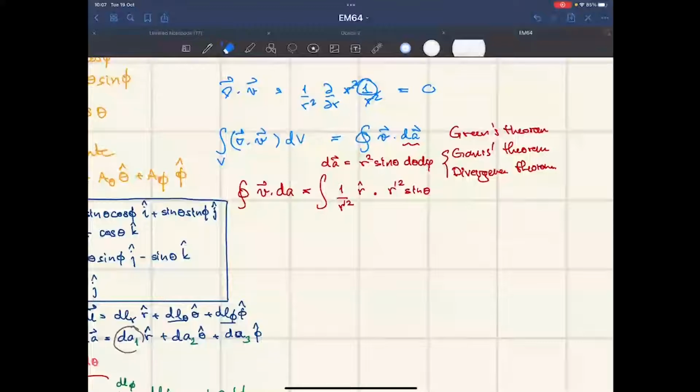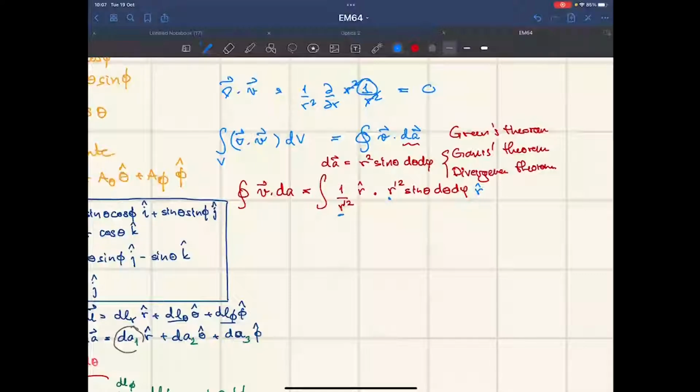Let me put it like that. Do you agree with this expression? You know why I use r prime here? Because I don't want it to be r.